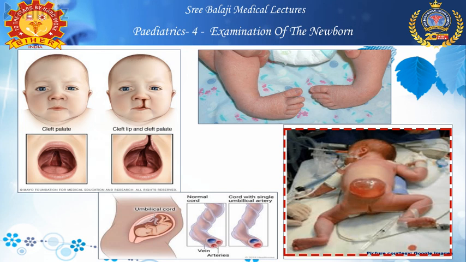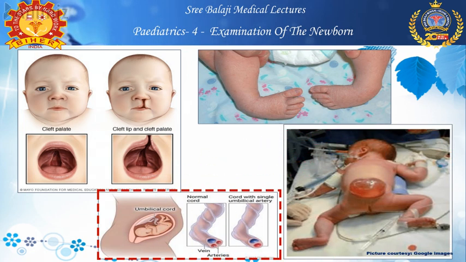And in one of the pictures, the umbilical cord is shown. See, normally the umbilical cord should have a single vein and two arteries.